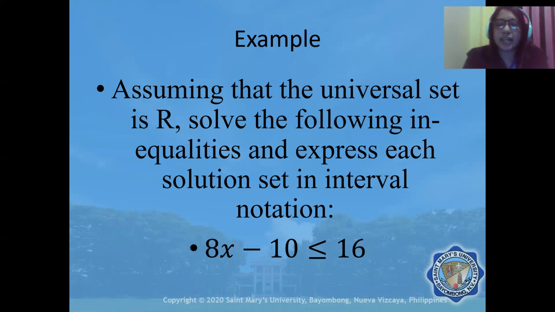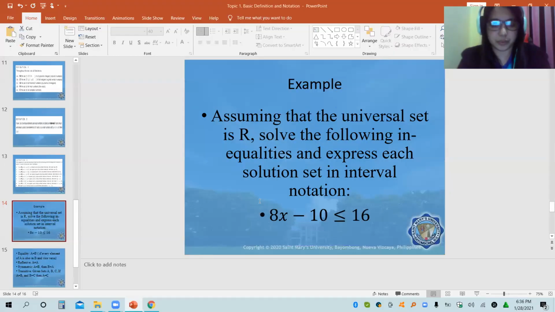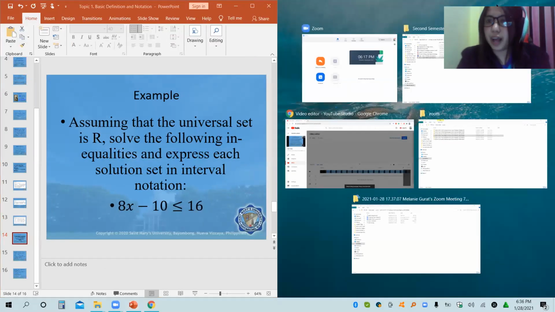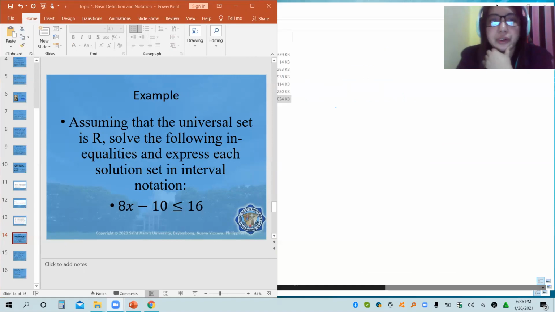Okay, so let's have an example. Assuming that the universal set is R, the real numbers, solve the following inequalities and express each solution set in interval notation. To do this, let's take note of the value: 8x minus 10 less than or equal to 16.